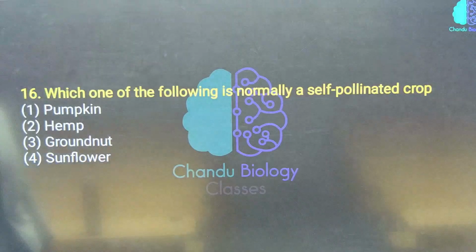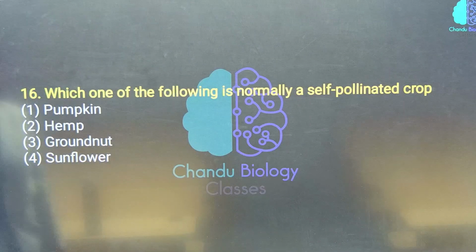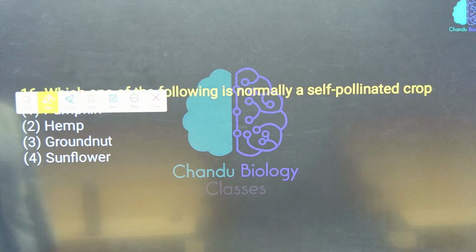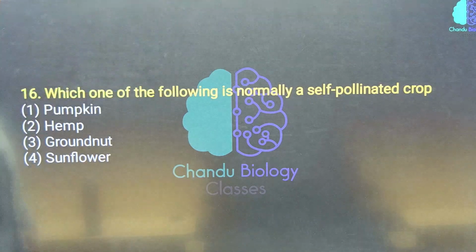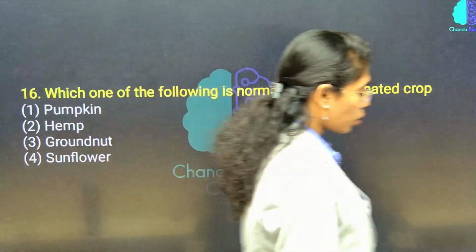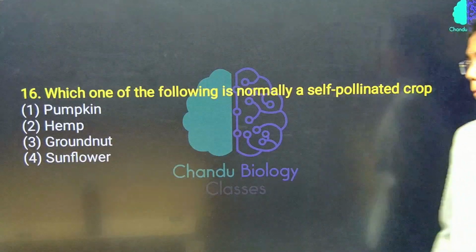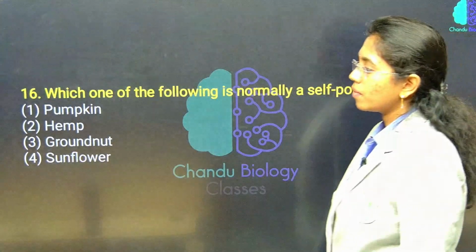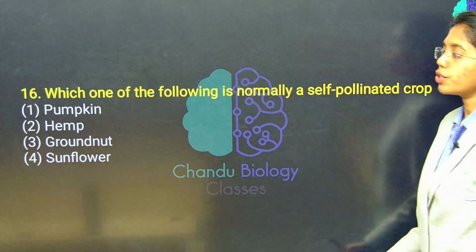Which one of the following is normally a self-pollinated crop? Very simple. I will give you a hint. This is underground, grows positively geotropic.